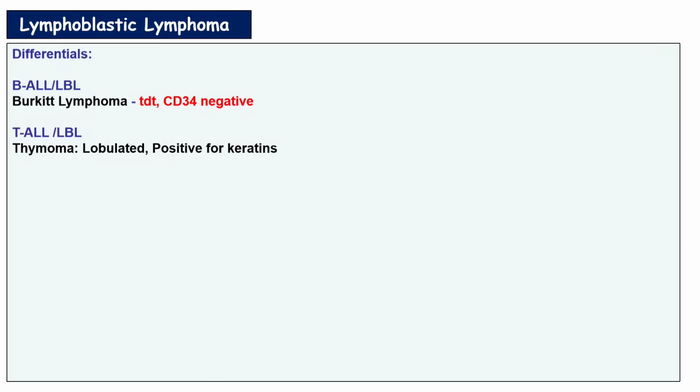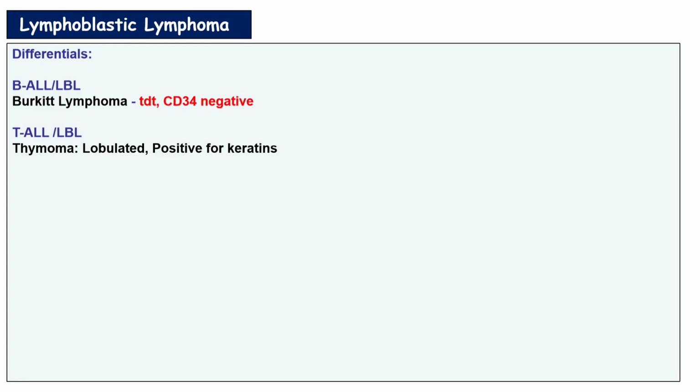As for T-cell lymphoblastic lymphoma, thymoma is a very important differential, and we must note here that T-cell lymphoblastic lymphomas are seen in the mediastinum, which is an important site for thymoma as well. The important point is that thymomas have a characteristic morphology.